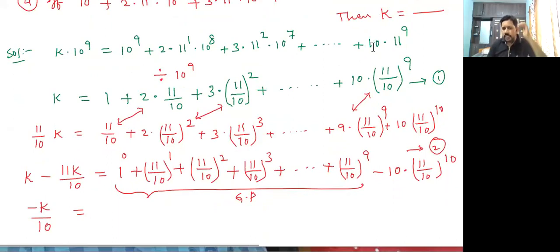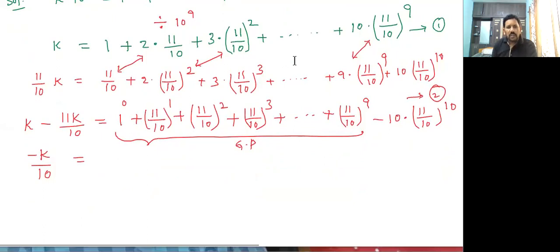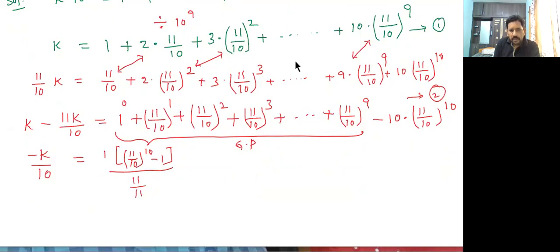The sum of 10 terms in a GP series, where a value is 1. What is the sum of n terms formula in a GP series? r power n minus 1 by r minus 1. Here n is 10 and r is 11 by 10: 11 by 10 whole power 10 minus 1 divided by 11 by 10 minus 1, minus 10 into 11 by 10 whole power 10.